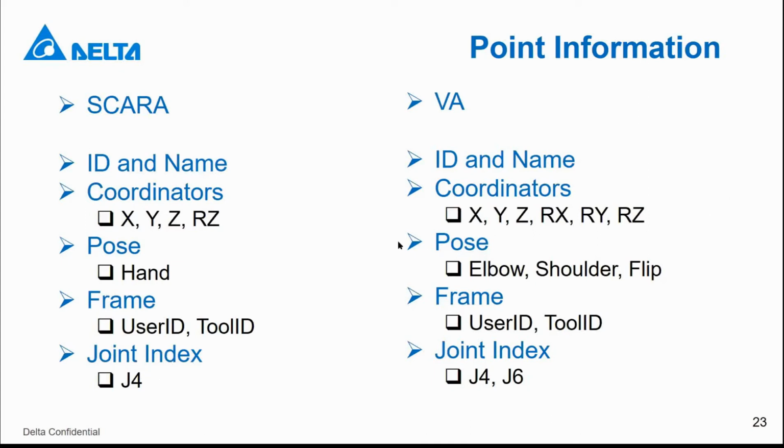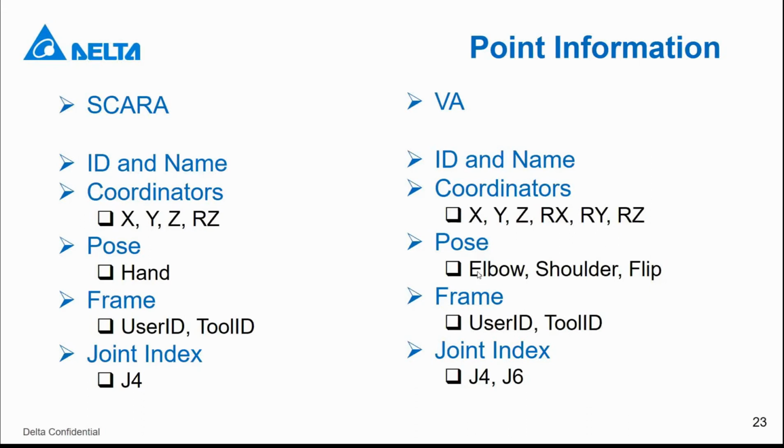And on the right side, it's the same, but for the VA robot, which has 6 degrees of freedom. So we need to record all 6 coordinates, like X, Y, Z, and the three rotation angles. Also for the pose, because for the VA we have elbow, shoulder, and flip. Flip actually means the wrist part.